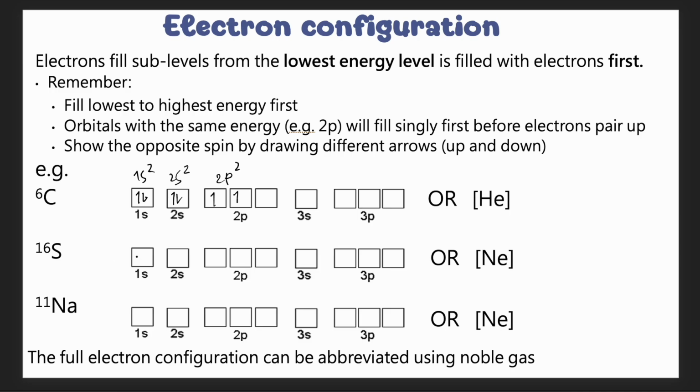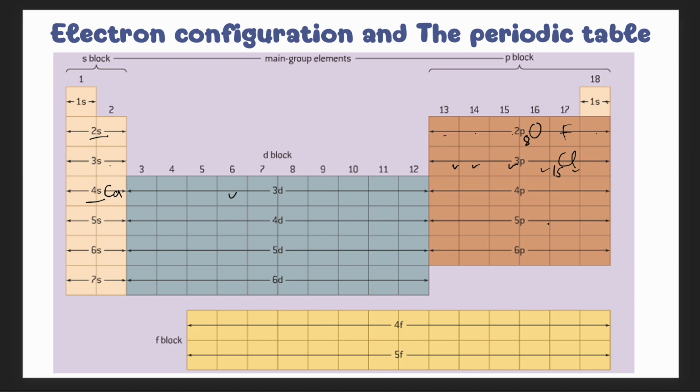And sulfur 16, 1 2 3 4 5 6 7 8 9 10 11 12 13 14 15 16. So the electron configuration of sulfur: 1s2, 2s2, 2p6, 3s2, 3p4. Let's go back to the periodic table.